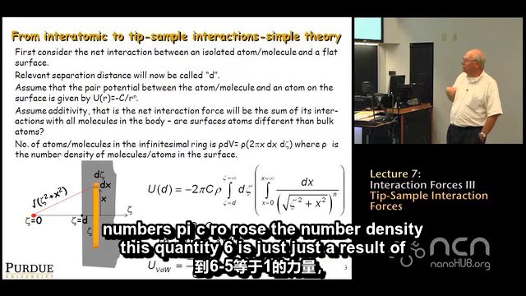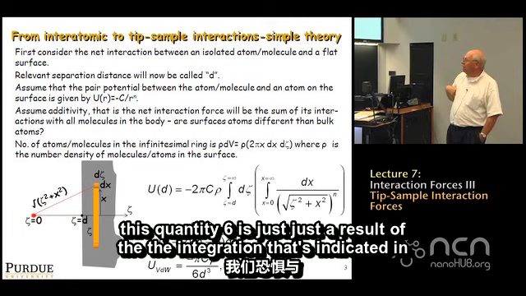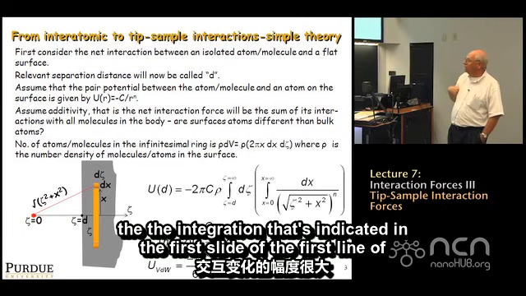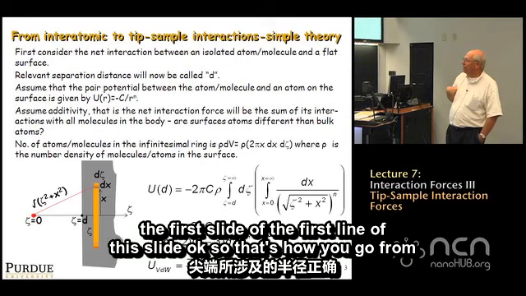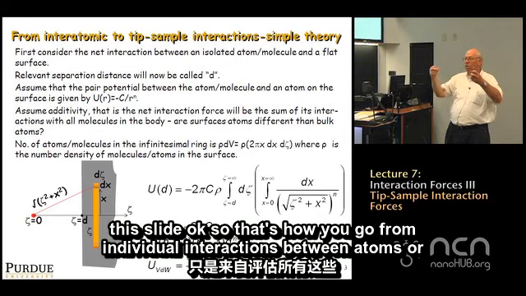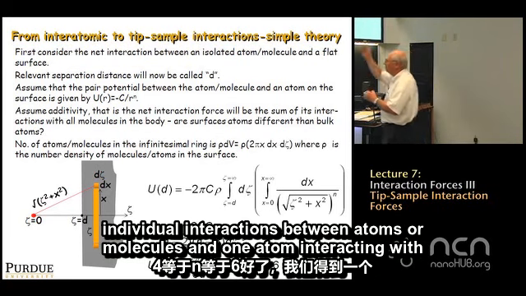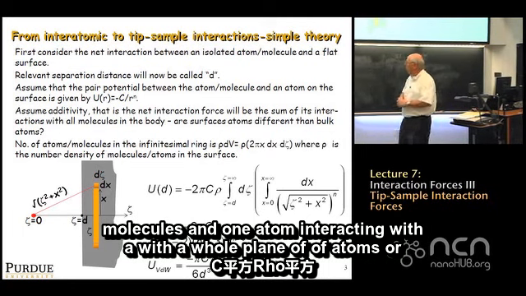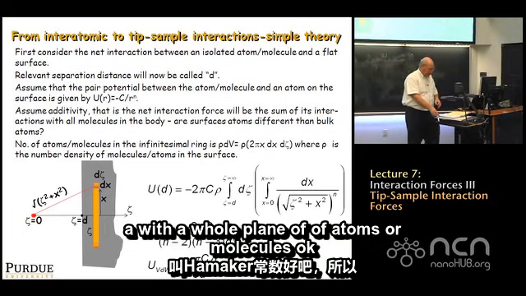This quantity 6 is just a result of the integration indicated in the first line of this slide. Okay? So that's how you go from individual interactions between atoms or molecules to one atom interacting with a whole plane of atoms or molecules.